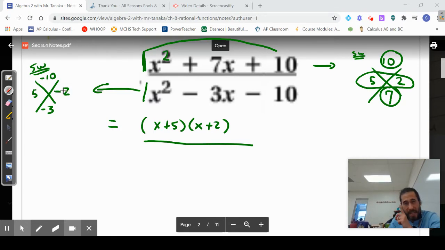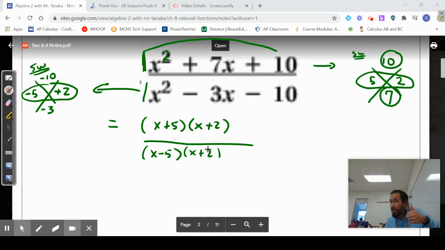Maybe 5 times negative 2 is negative 10, but when I combine these two guys, I get a positive 3. We want a negative 3, so all I got to do is flippity floppity. They still multiply to get negative 10, and they add to get a negative 3. So that means I get an (x - 5) and an (x + 2).